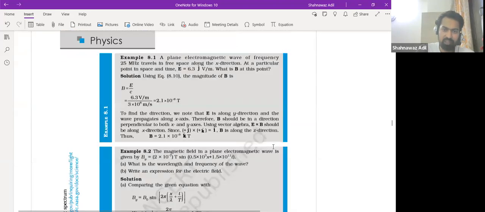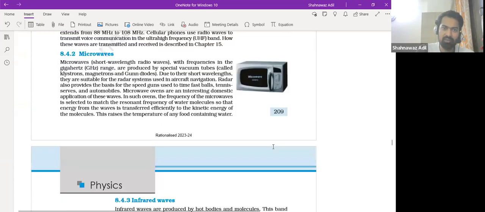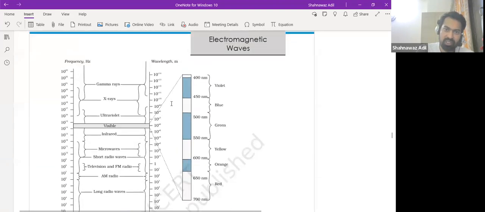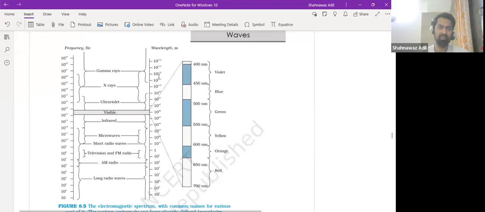All these things are given here. This is the wavelength, and this is a very small wavelength, 10 to the power minus 14, since picometer is minus 12 and femtometer is minus 15, up to let's say 10 to the power 7 meters. This is the range of electromagnetic waves.